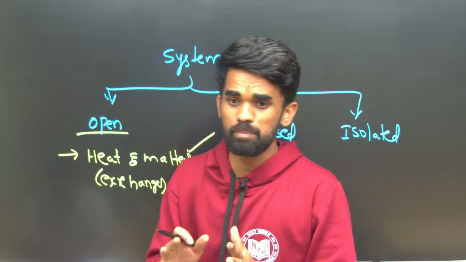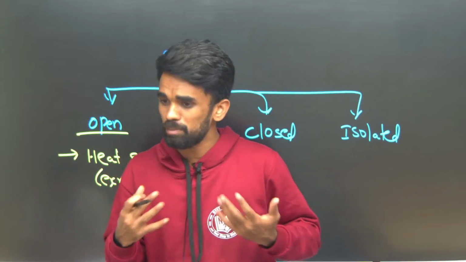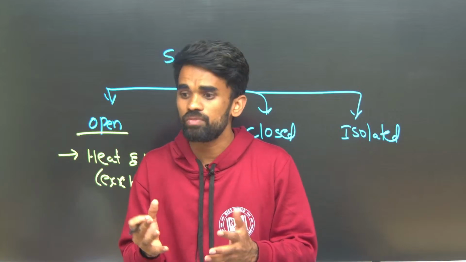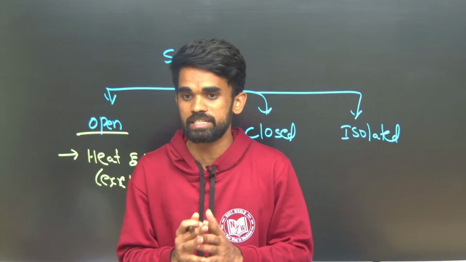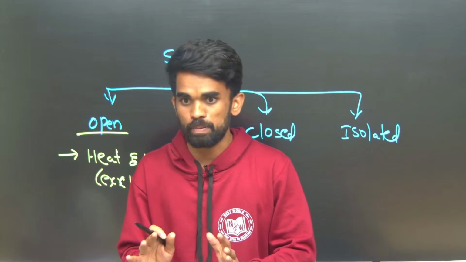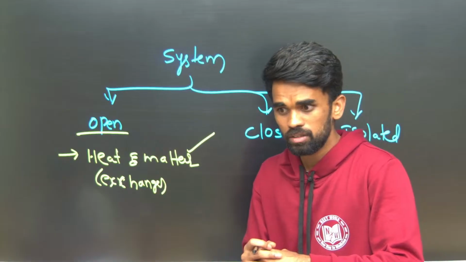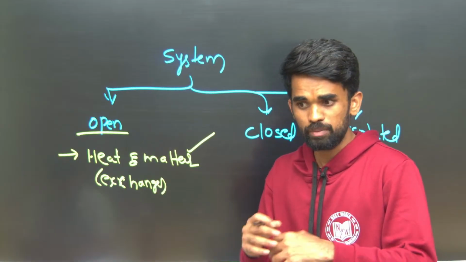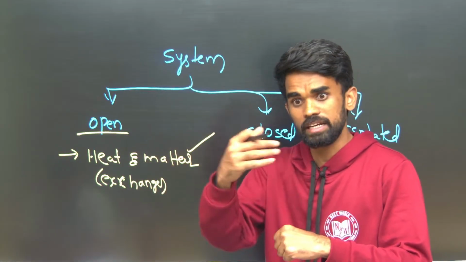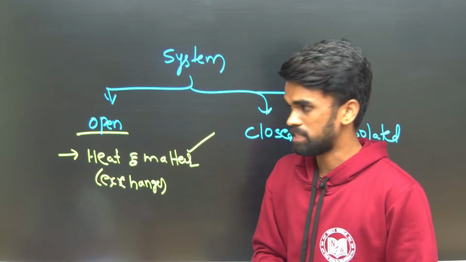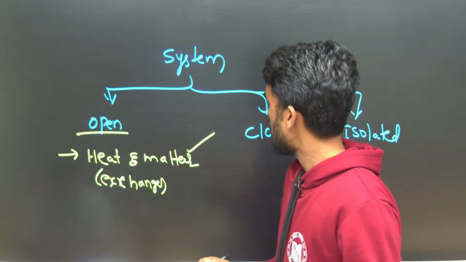A simple example, you tell me: our human body or any animal body. Is it an open system or closed system? It is an open system, remember that. Like sweat comes out, so fluids are also exchanging and heat is also exchanging. So we can say it is an open system. This is again an important one.